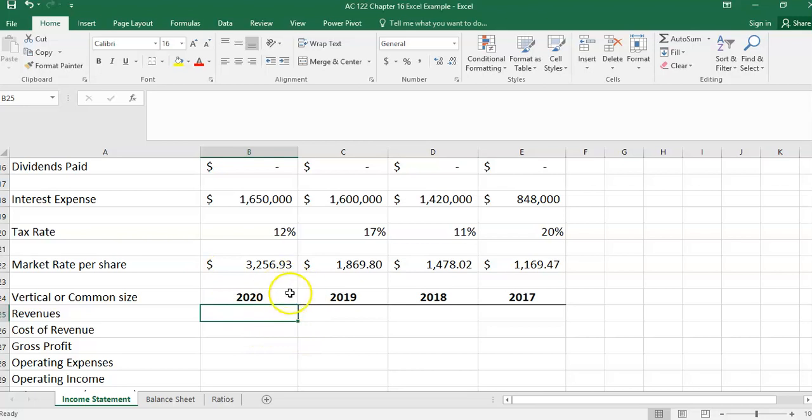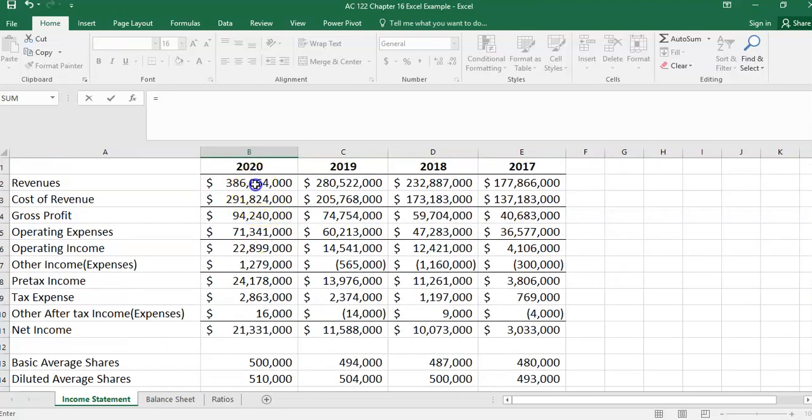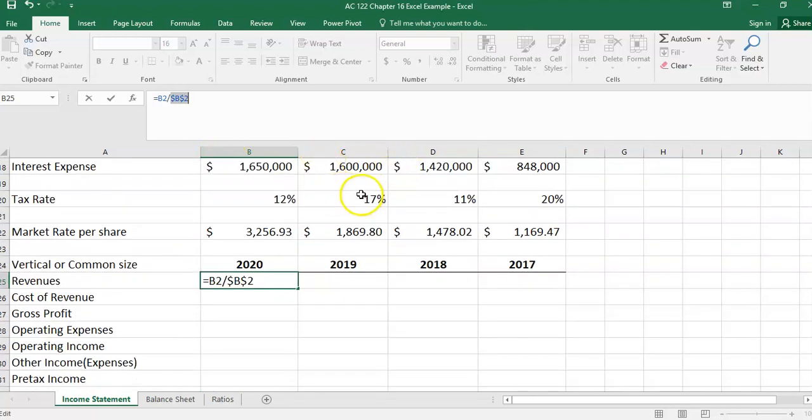Revenues is 100%. In Excel, we want to set up our formula so that we can copy it. So we're going to divide everything by revenues. That means we want our denominator to be a locked cell so that we can copy that formula down. So we're going to lock our denominator cell in Excel.